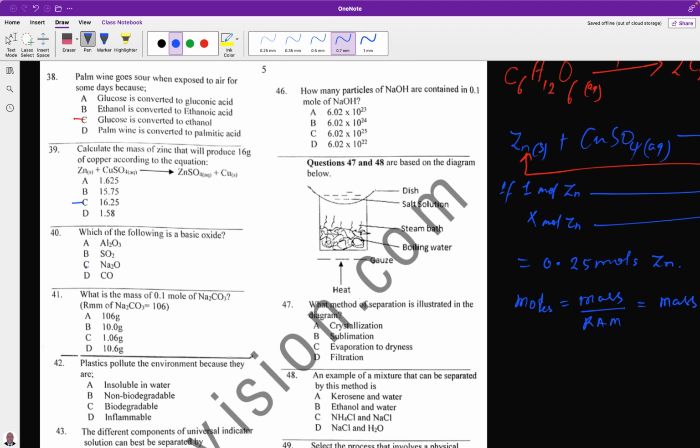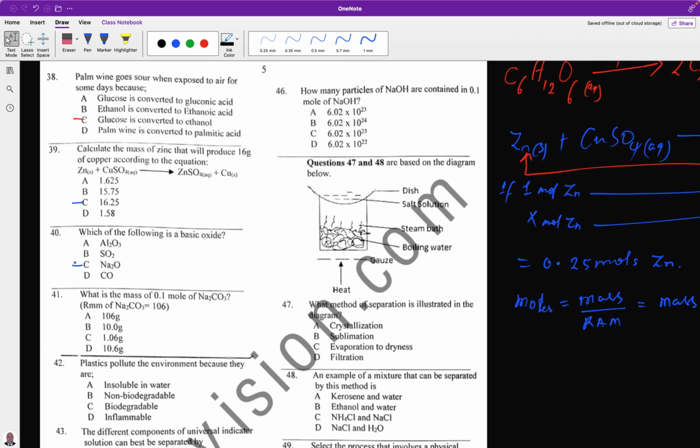Question number 41. What is the mass of 0.1 mole of sodium carbonate? The relative molecular mass of sodium carbonate is 106.